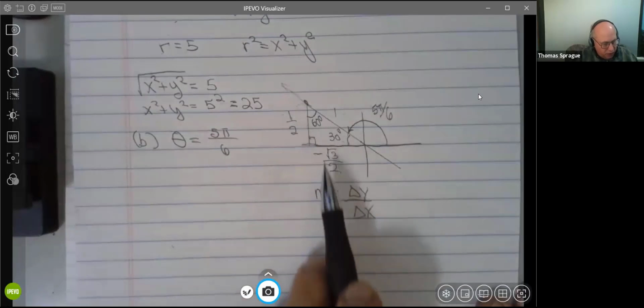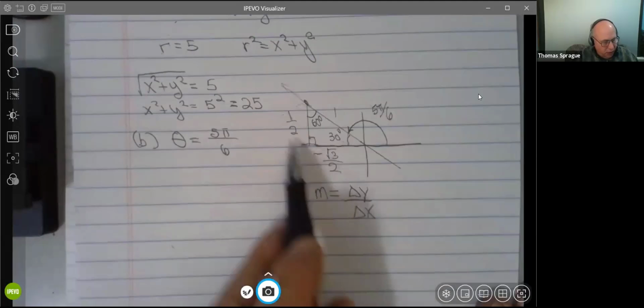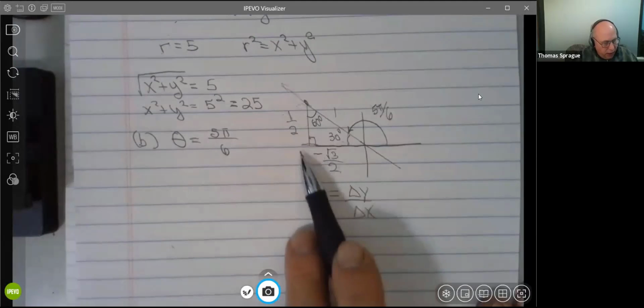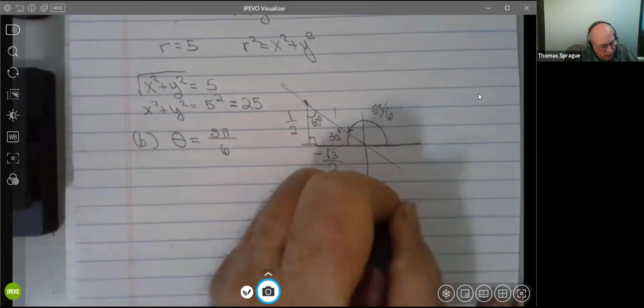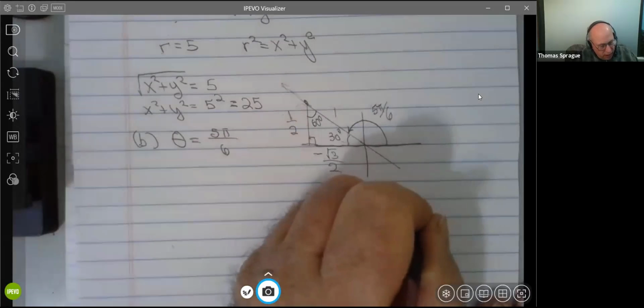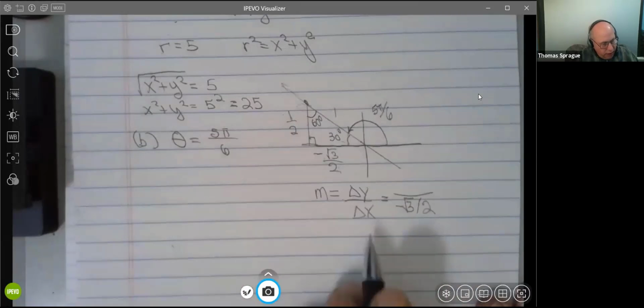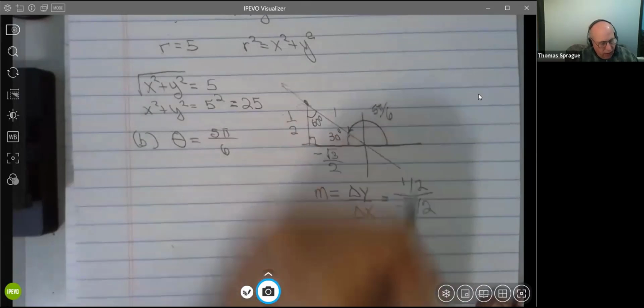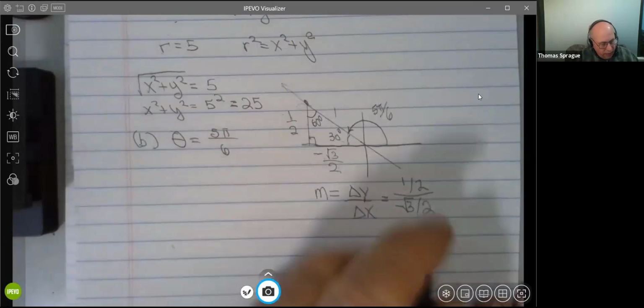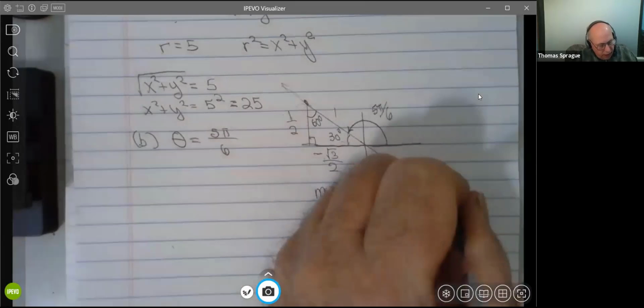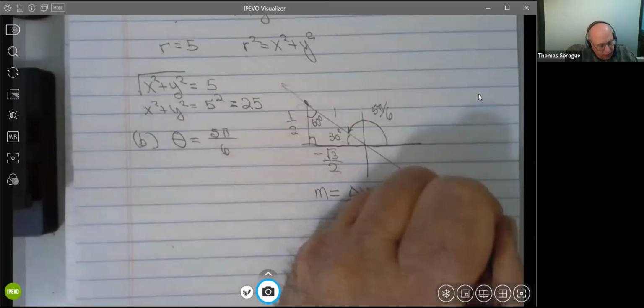It's minus √3/2 comma 1/2. So the run is minus √3/2. The rise is 1/2. You multiply top and bottom by 2, and you get -1/√3.